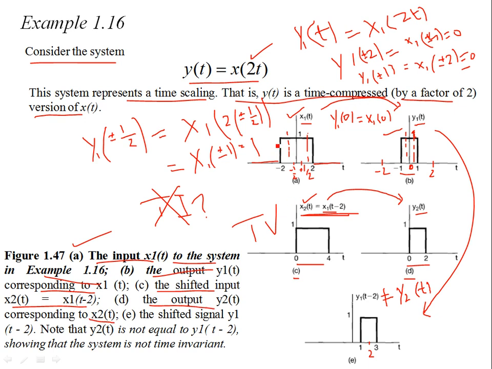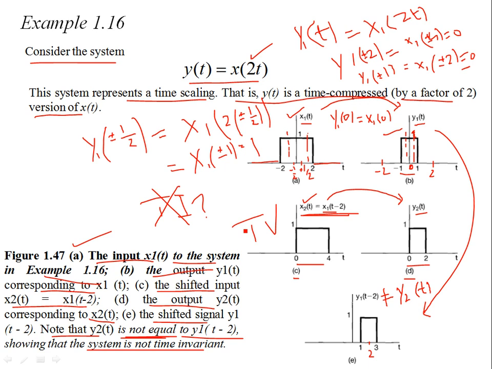So basically, for the given inputs x1 and x2, you are having time compressions. But when x2 is a delayed version of x1, the output is not the delayed version of the original output. Note that y2(t) is not equal to y1(t minus 2), showing that the system is not time invariant. Therefore, you qualify the system as time varying.